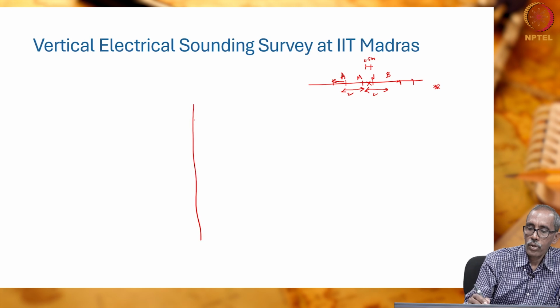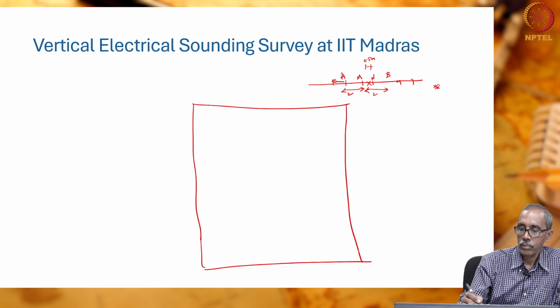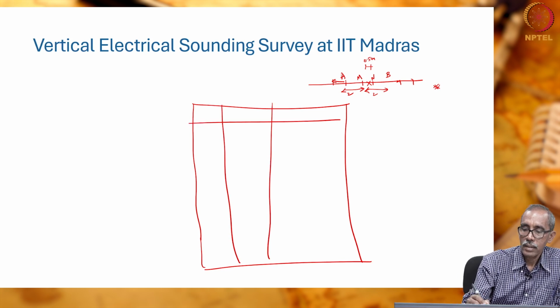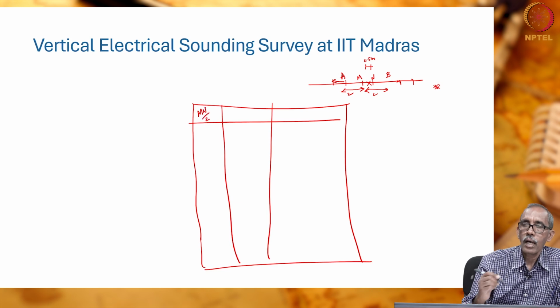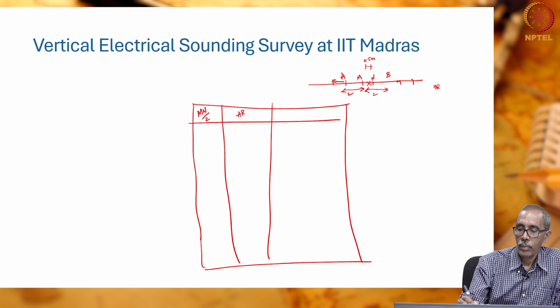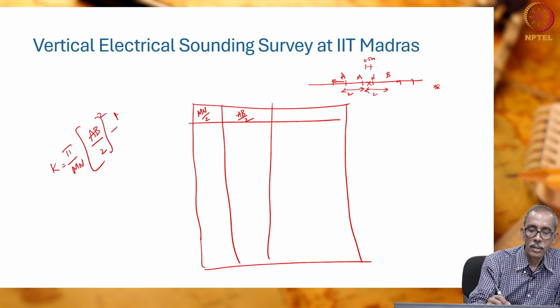As I had told you already, the data which we collect from the field will be something like this. What is the data which we collect? First is the distance between the potential electrodes. Normally, for convenience, we write MN/2 and AB/2. Why? Because the electrode constant depends on pi times (AB/2)² minus (MN/2)², divided by MN.